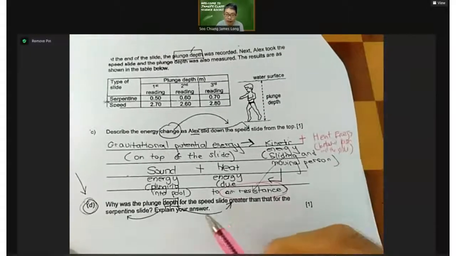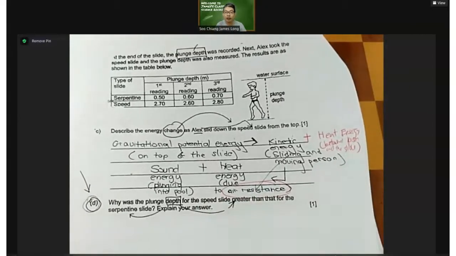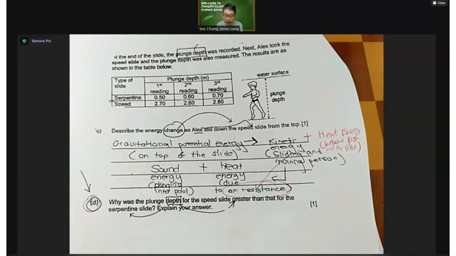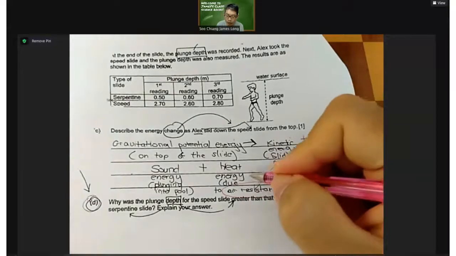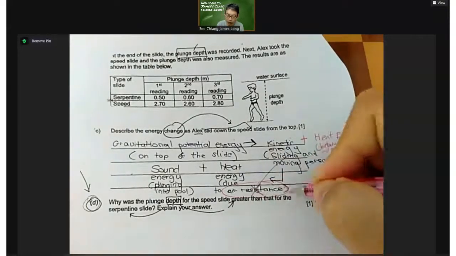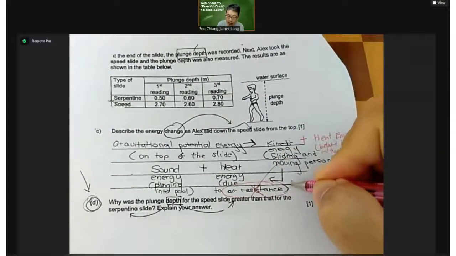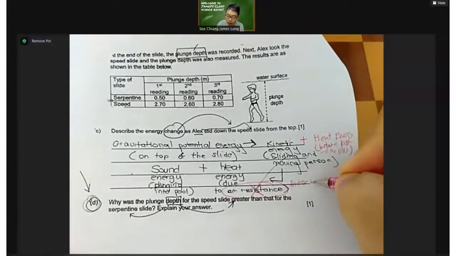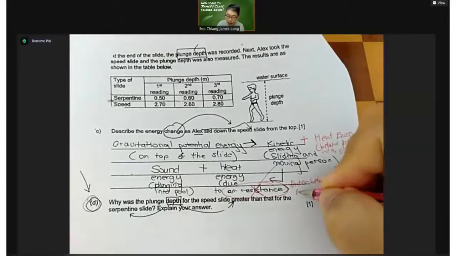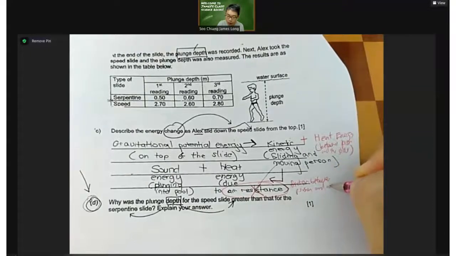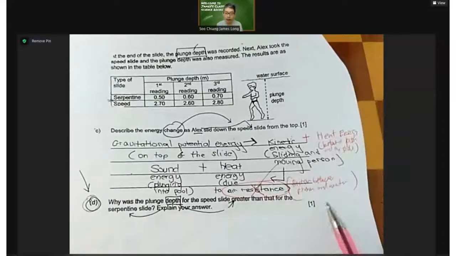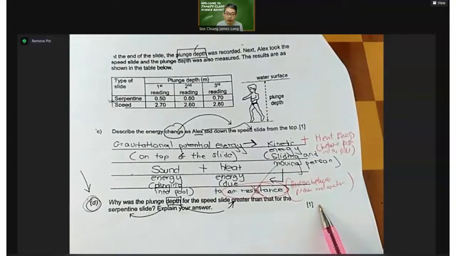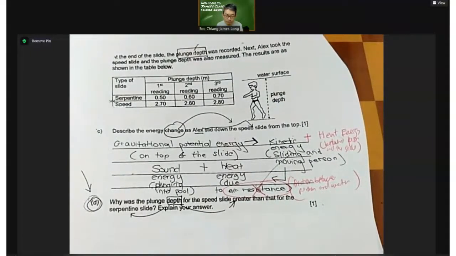And when it hits the water, there's a frictional force between the person and water. I don't think it's air resistance, it's due to friction between the person and water. That will cause this frictional force between the person and water.